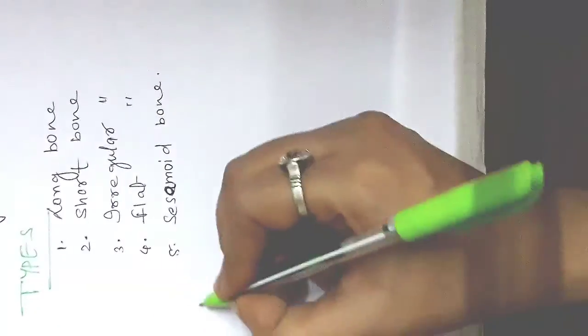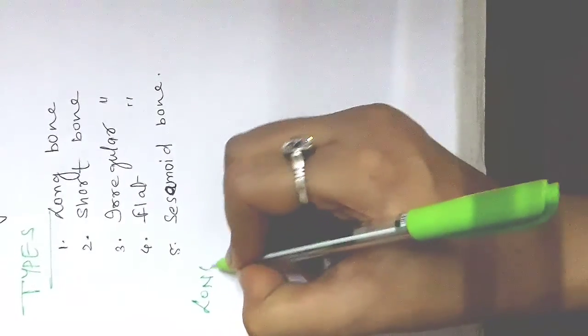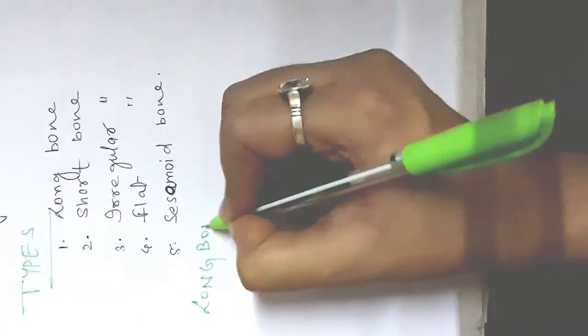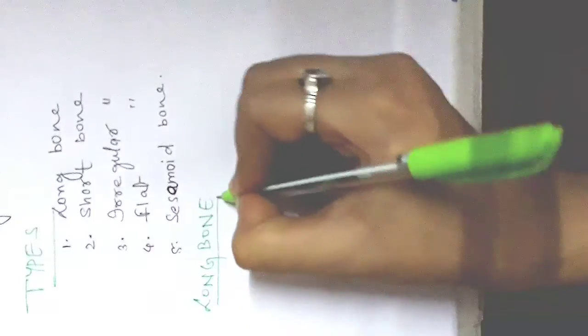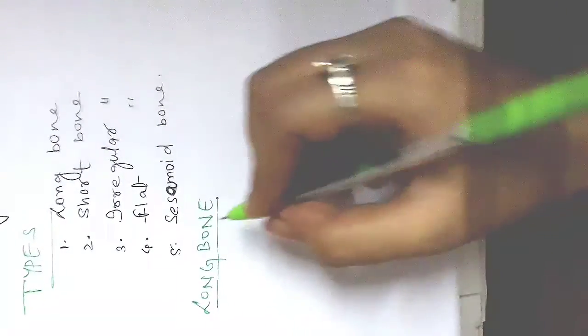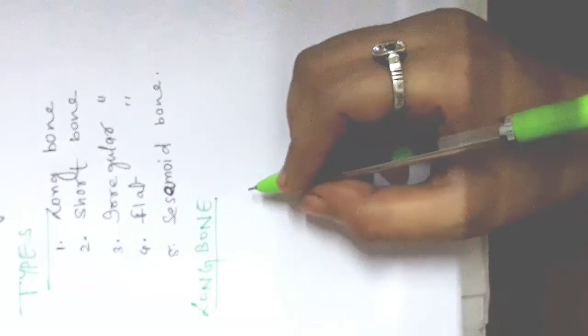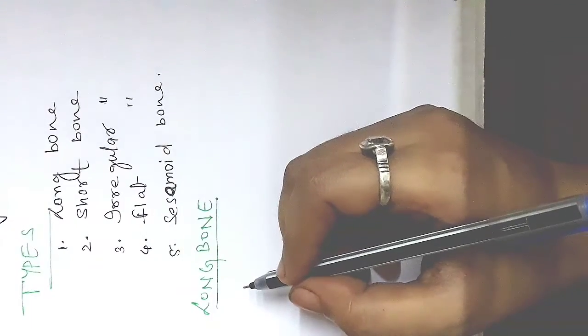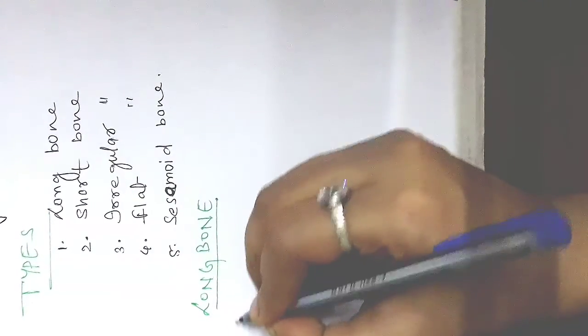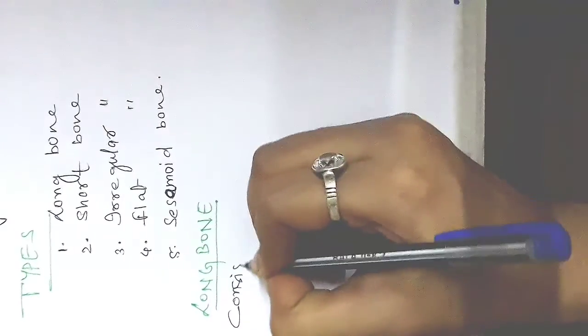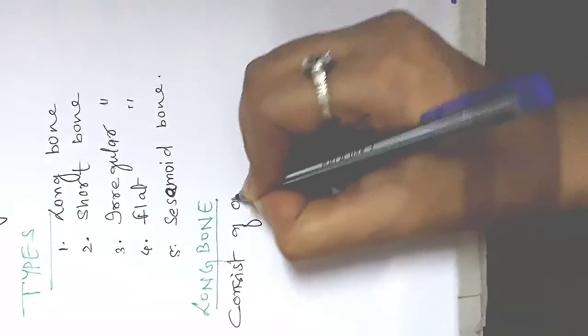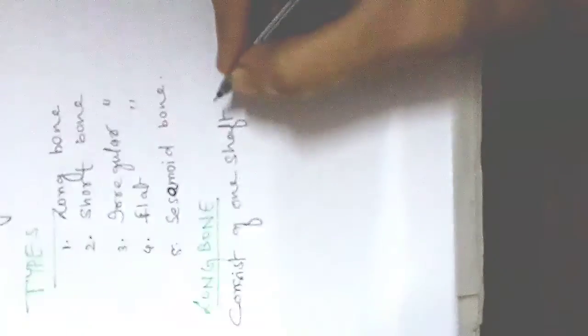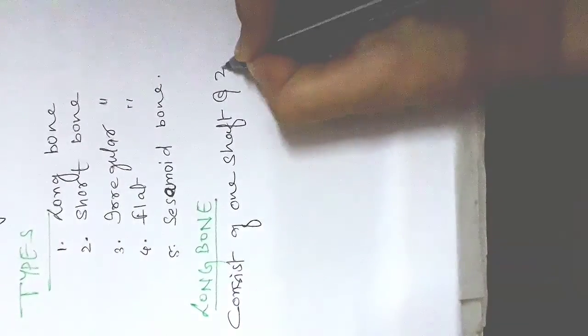So first we will see the long bone. The long bone consists of one shaft and two extremities.